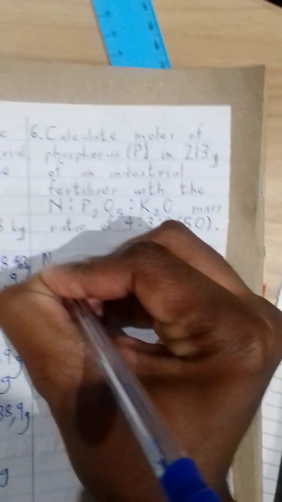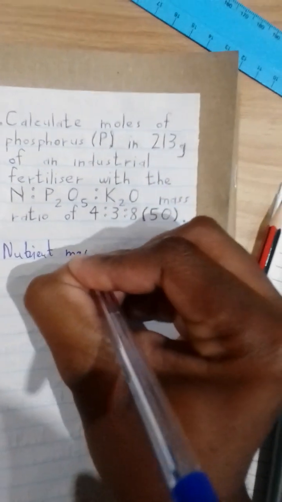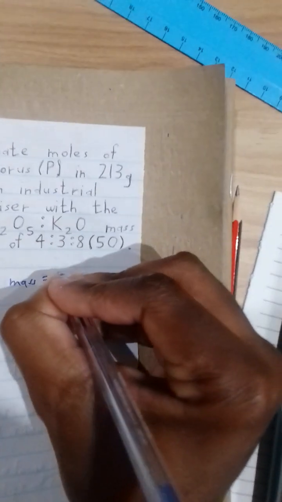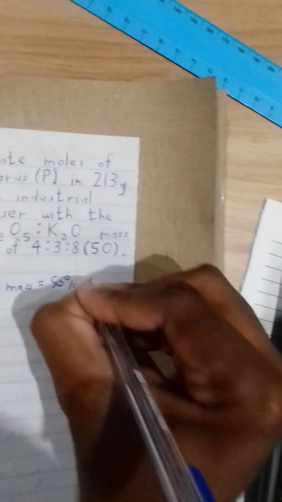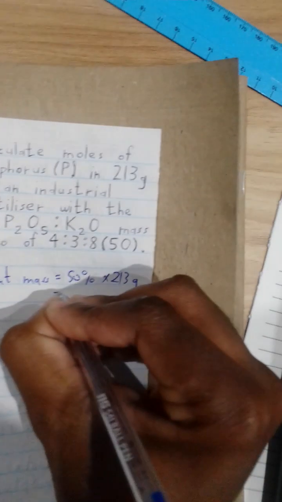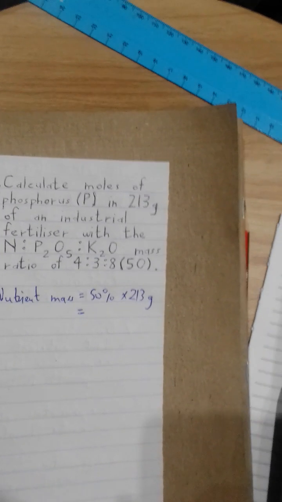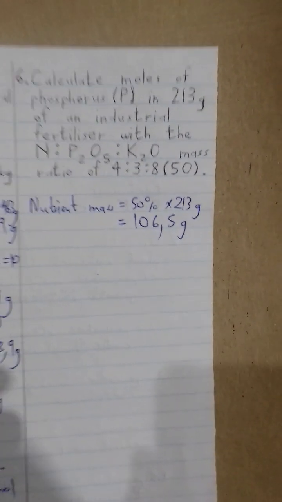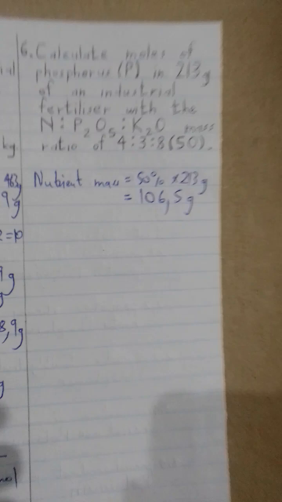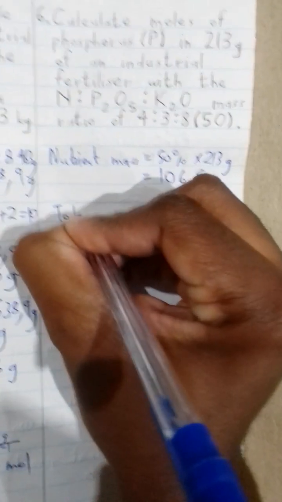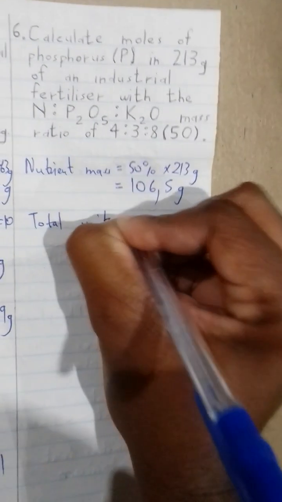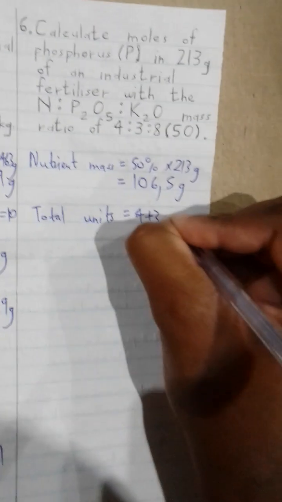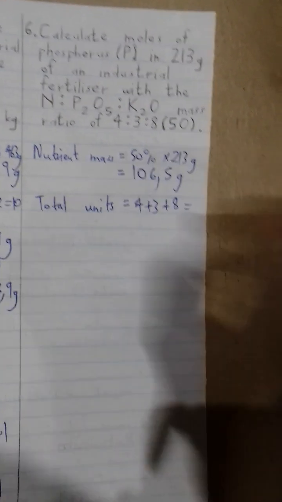Nutrient mass, 50%, times 213 gram, 106,5 gram. Total units, 4 plus 3 plus 8, 15.